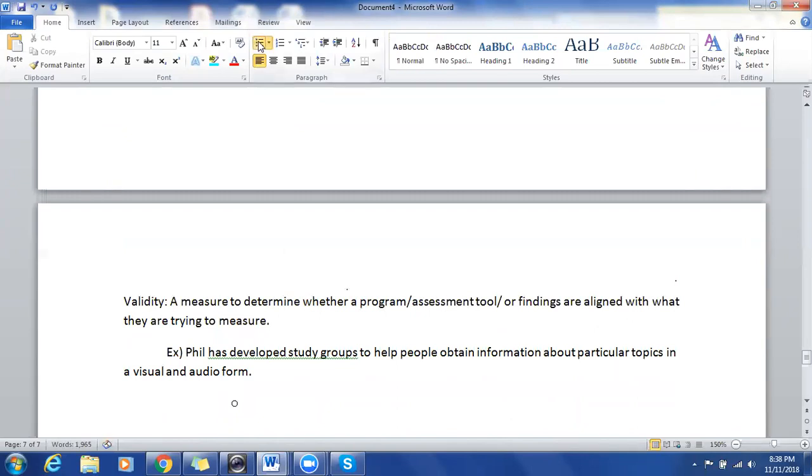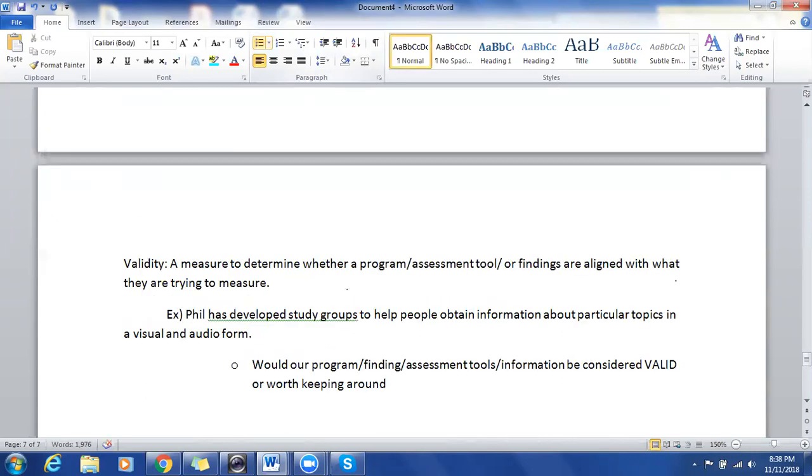So essentially, to drive it home here, what programs, findings, assessment tools, or information should be considered valid or worth keeping around?